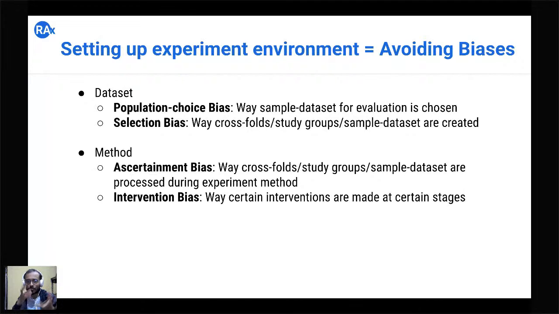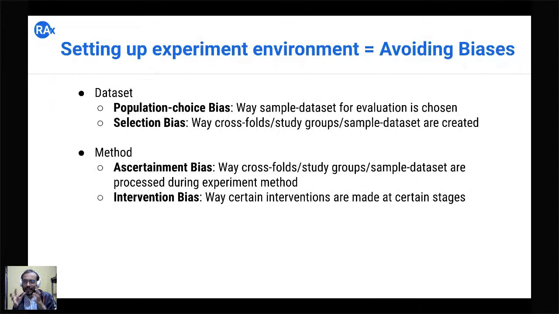You're not doing it randomly, let's say, or the randomness itself has bias, and you're trying to bring certain kinds of people into a particular study group, or certain kinds of data points into a particular cross-fold, which will help you prove your point, right?